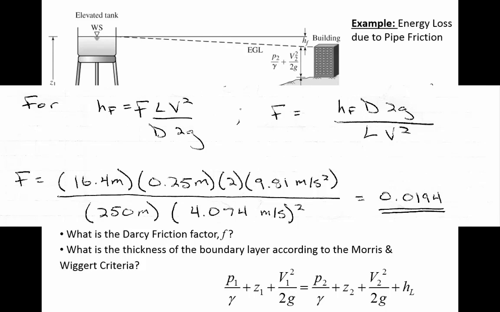So if you're working on a problem and you're using an f value and it's like 32 or something, then you know you're really off the beaten path when you've got an f value that falls out of this range. There are, like, a really smooth glass pipe with low flow, maybe even lower than the 0.008. But generally, for typical pipes and typical flow conditions, that'll be the range of f values. So this one falls inside of that range nicely. It doesn't seem like things are messed up.